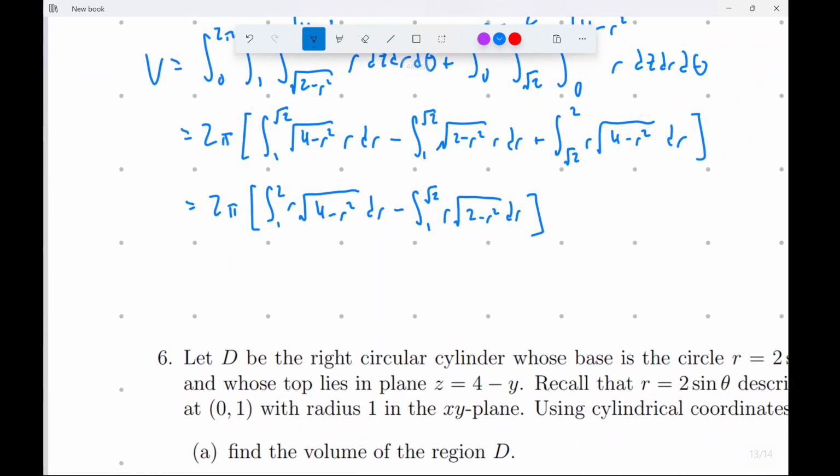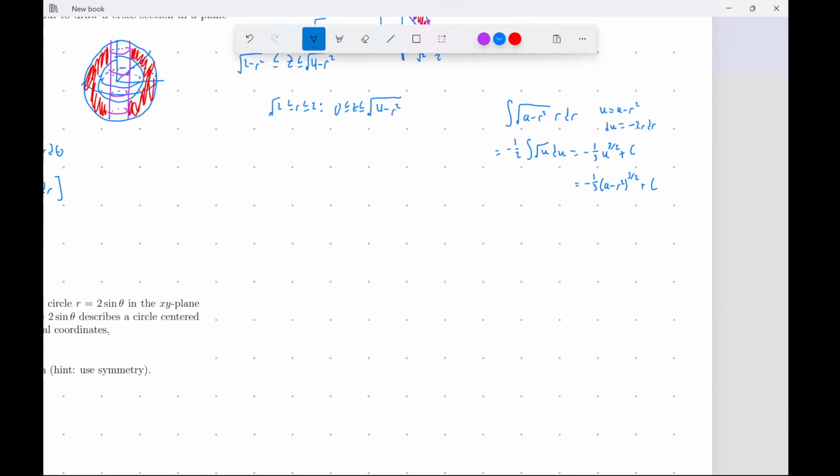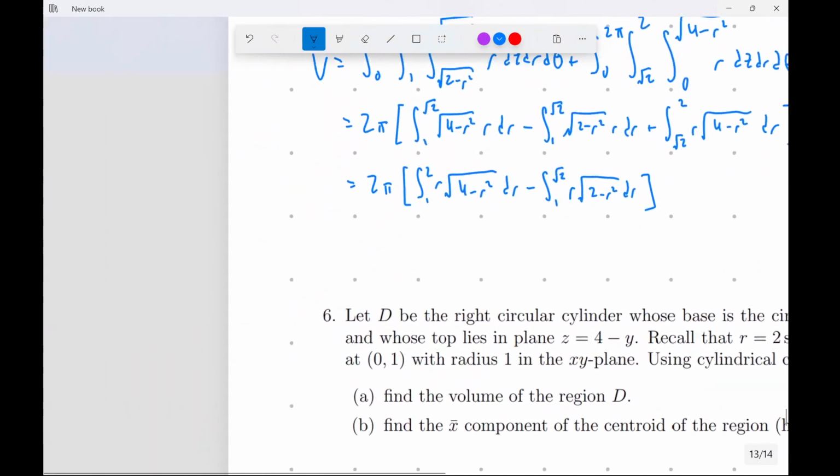Okay, and I did those integrals earlier. It's just negative 1/3 times a minus r squared to the 3/2.